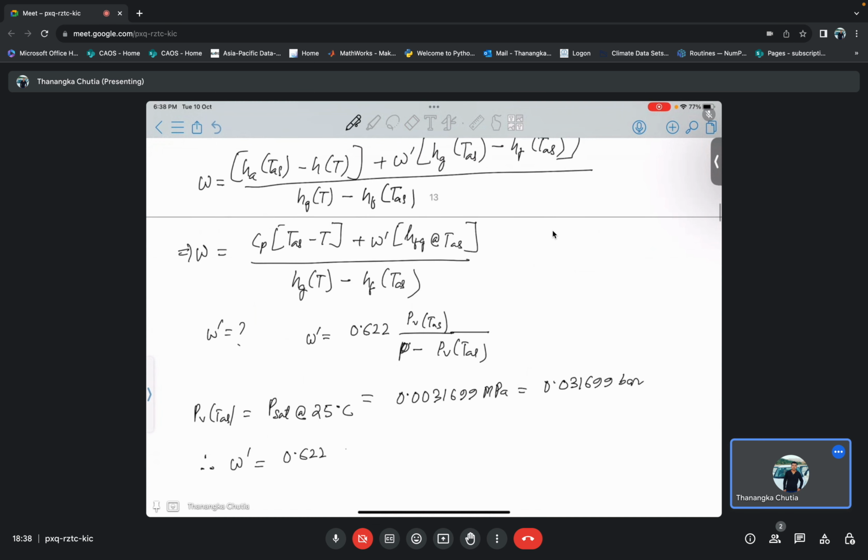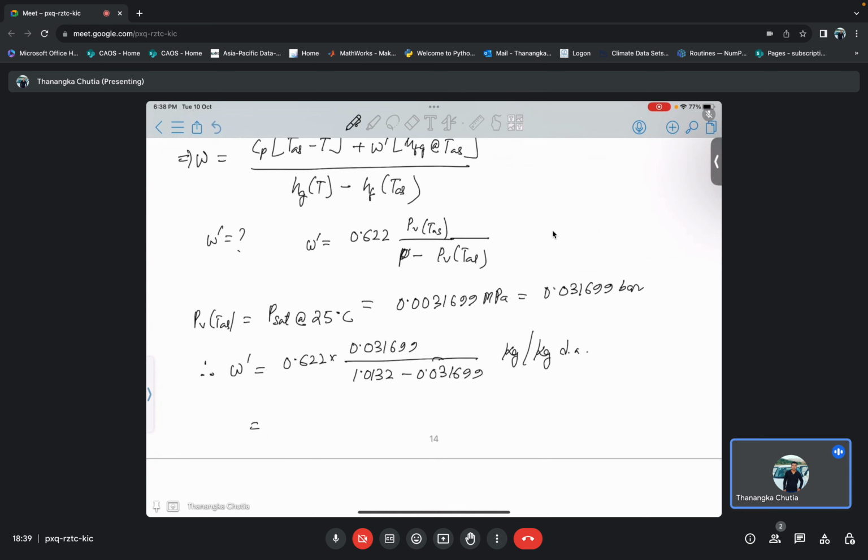Therefore W prime will be 0.622 into 0.0316999 divided by 1.0132 minus 0.0316999, in kg per kg of dry air.